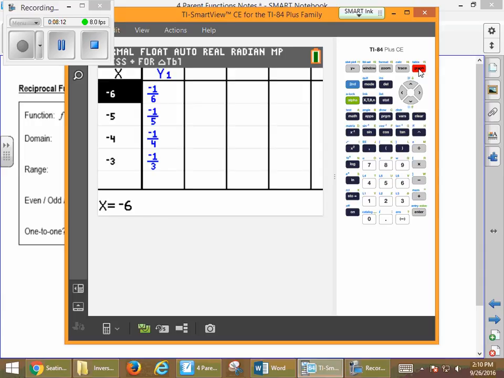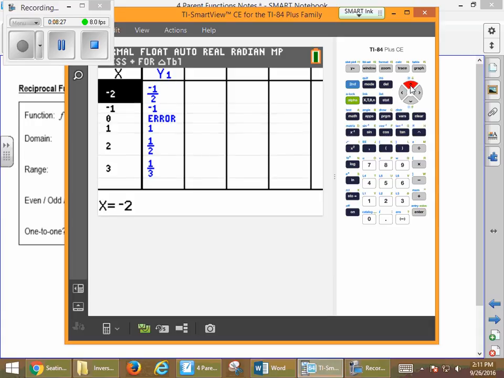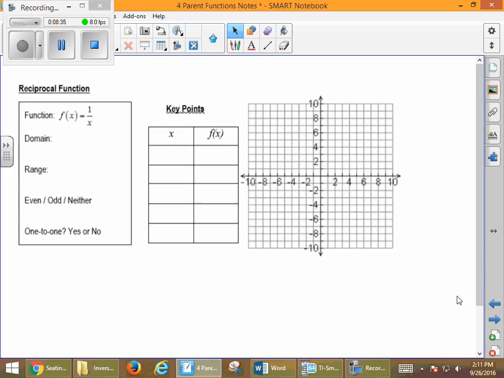And let's get a couple of key points, and I'm going to scroll down a little bit. But what we see on here, as I copy down these points, is we see an error. And that's going to be important in a problem.